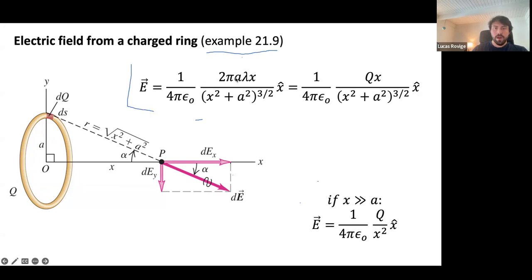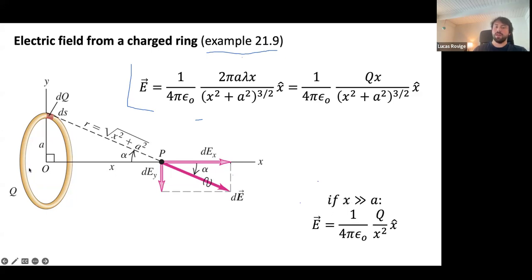Which is relatively complex. Now you have an x there, and a dependency of 3/2 at the bottom for this x squared plus a squared. If we do the same reasoning, but now we consider ourselves to be very far from the ring.